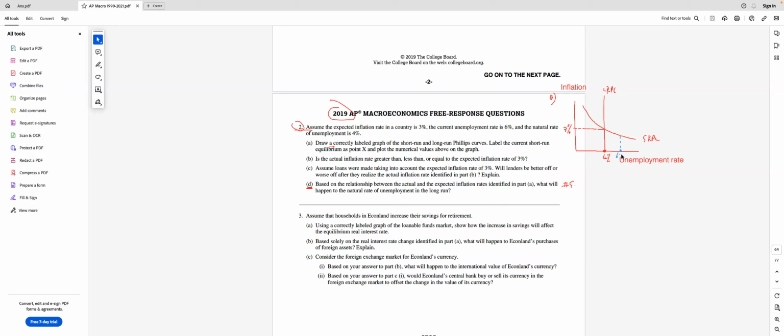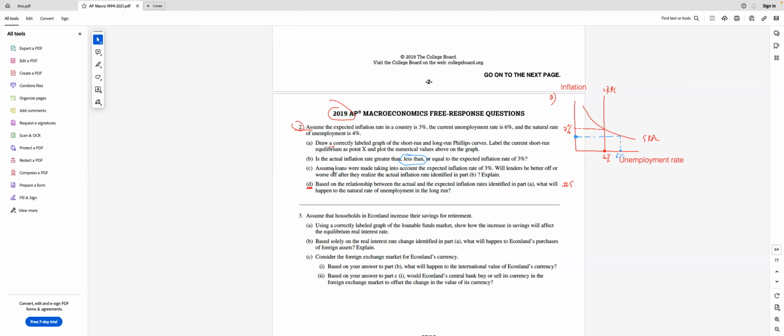I just put 6% on the right-hand side of 4%, right? Because it's greater than 4%. So that means the current inflation rate is less than 3%. So that is the answer for question B. So you should choose less than, because the answer should be lower than 3%.